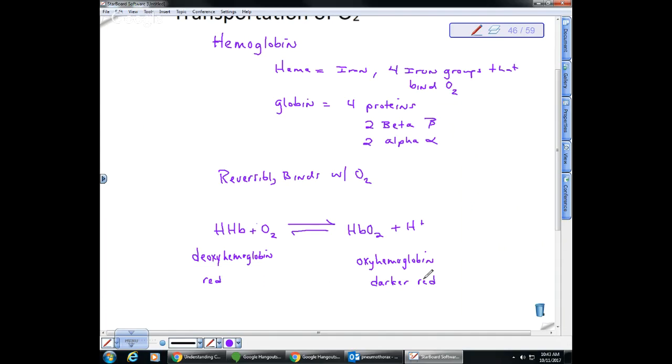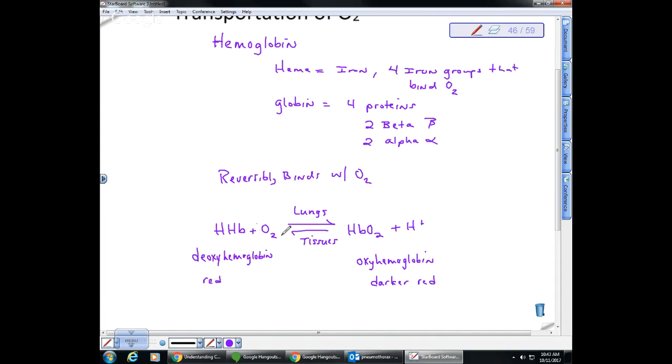So if we look at this, this would be in the lungs, right? Blood in the lungs, and this would be in the tissues. So if oxygen levels are really low, then hemoglobin is going to release oxygen. If the oxygen levels are really high, then it's going to pick it up. So the important thing is that it binds reversibly with oxygen.